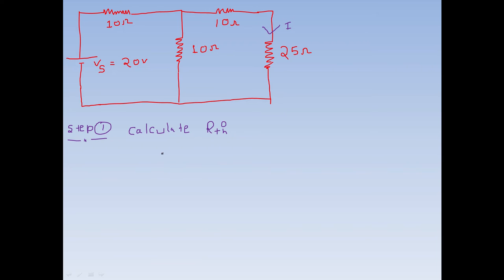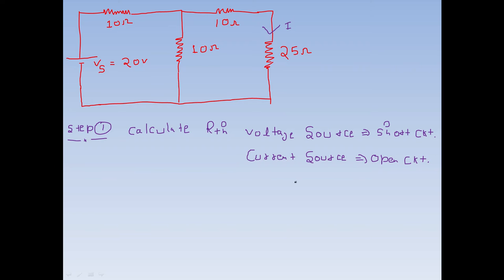For calculation of RTH, one thing should be considered: all voltage sources should be short circuited, and all current sources should be open circuited.